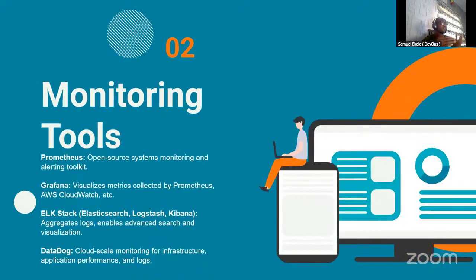What are the monitoring tools available today, right? There are so many of them. But DevOps engineers and cloud engineers usually evangelize for the one that they love the most, right? And I personally am not saying one is better than the other.